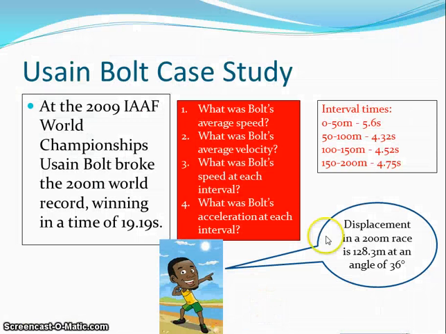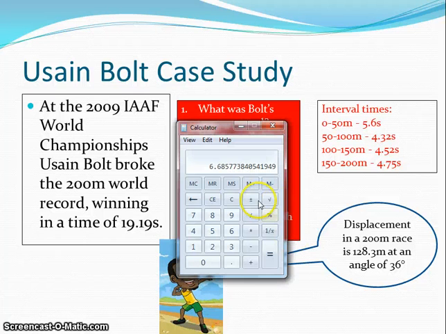And let's go back to the Bolt one. For the first one, 0 to 50, it took 5.6 seconds. We know the distance is 50 meters because we're going in intervals of 50. So it would be 50 divided by 5.6. So if I clear that, 50 divided by 5.6.